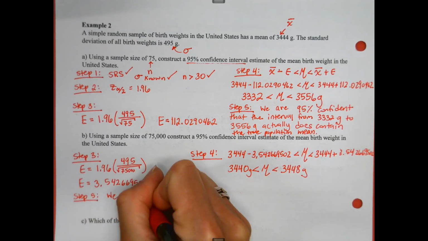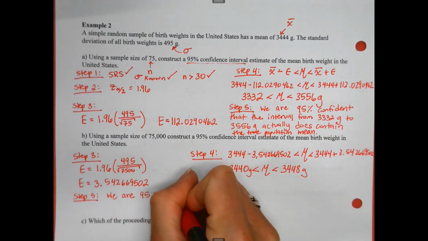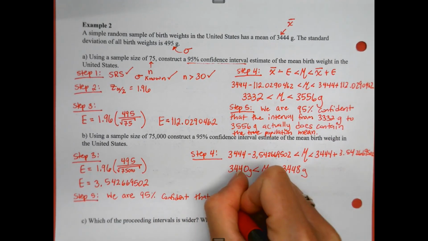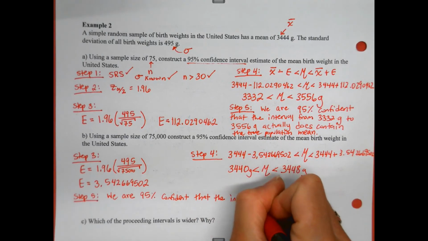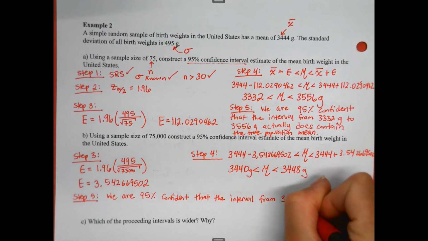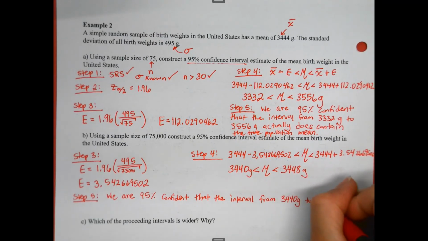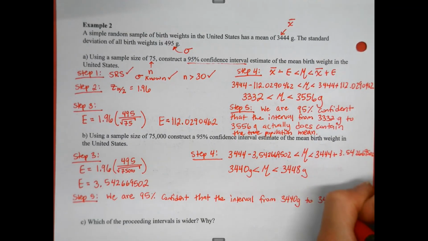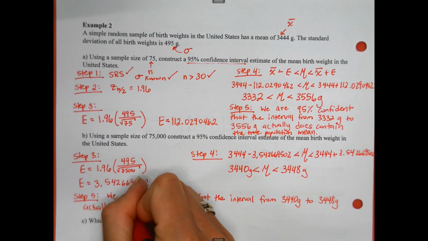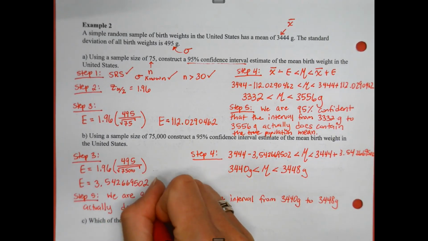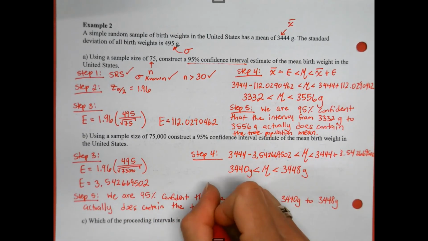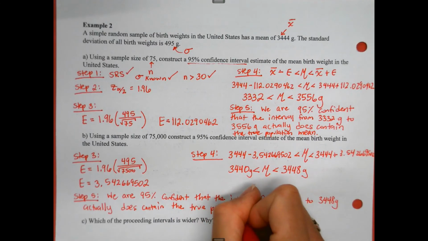So we are 95% confident that the interval from 3,440 grams to 3,448 grams actually does contain the true population mean.